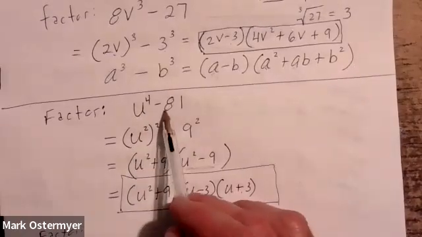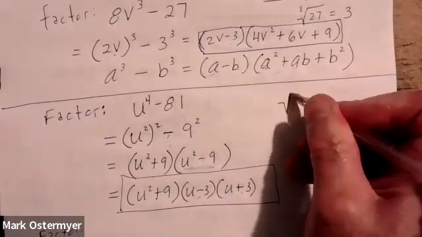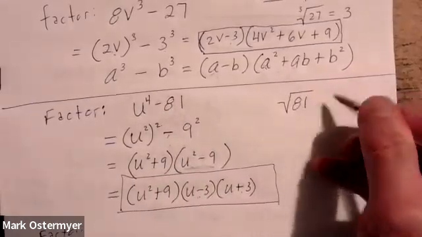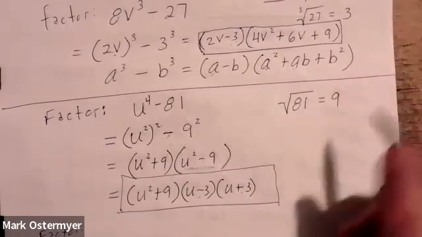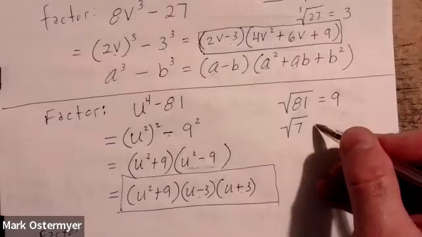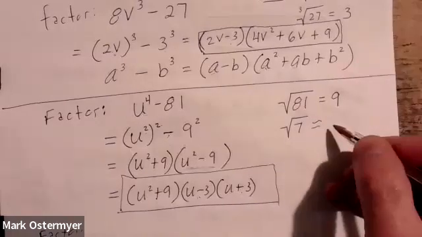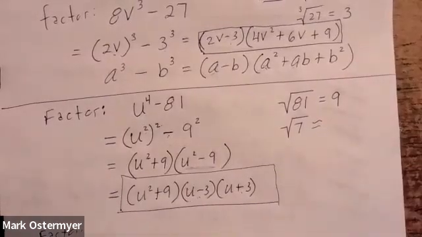Now, as far as this number is concerned, you're welcome to get on your calculator and take the square root of 81. If it gives you a whole number, then that means 81 is a perfect square. If you take the square root of a number like 7 and you don't get a whole number, you get some sort of a decimal, like what is the square root of 7? Well, it's going to be somewhere between 2 and 3.